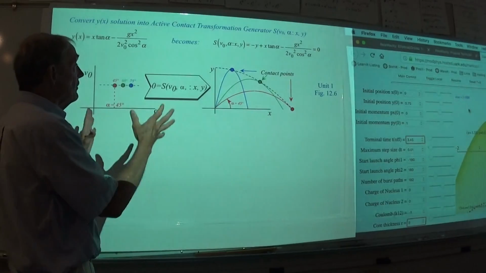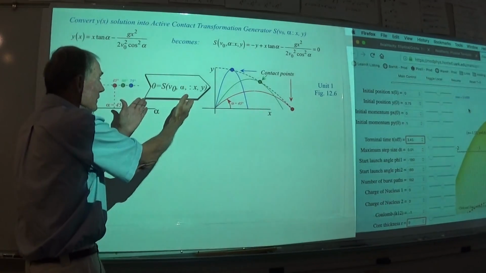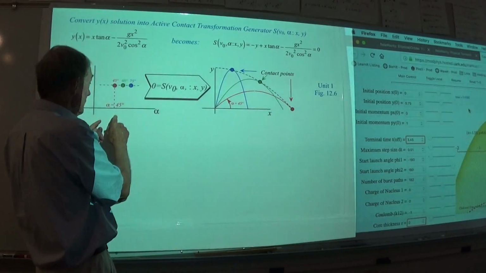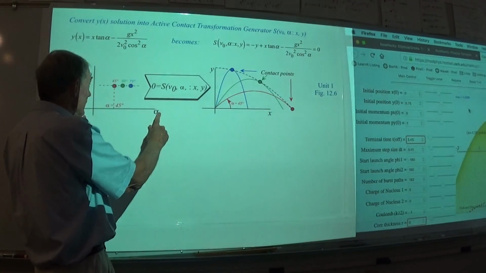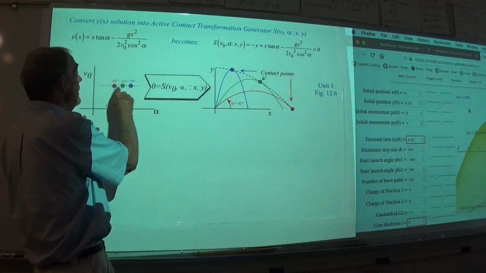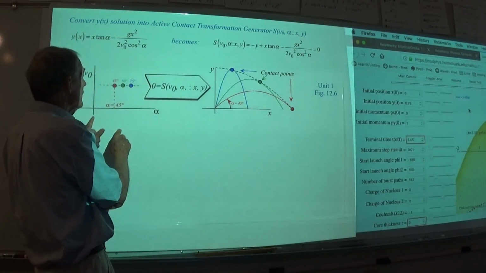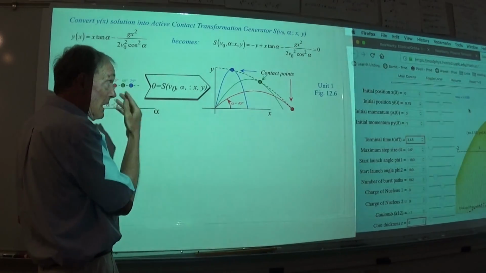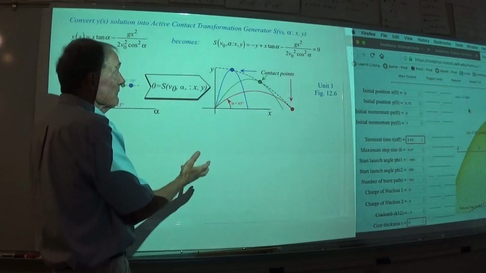All right, so that is a contact transformation, S of velocity, 0, alpha, as alpha varies this way. I've got 45 degrees, I've got 60 degrees, I've got 75 degrees. I'm varying here without changing the velocity. So we're assuming that the objects have the same velocity.